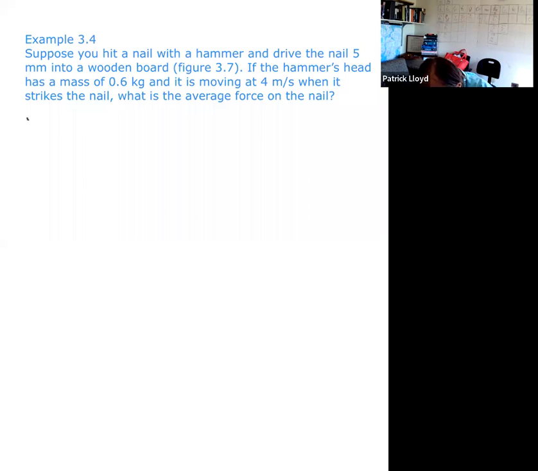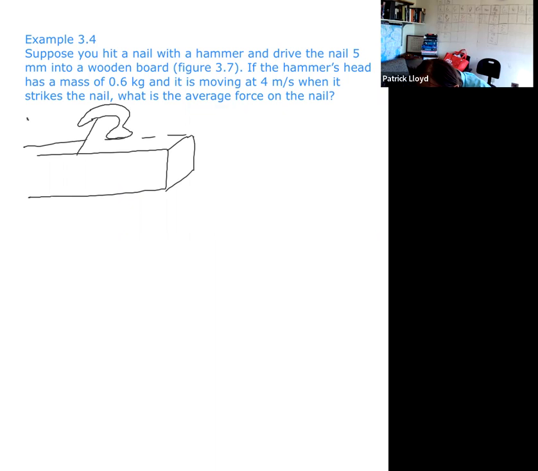So let's draw a little picture here so you can see what's happening. We have a 2x4, a piece of wood. And then we have a hammer. This hammer is smacking a nail, right?